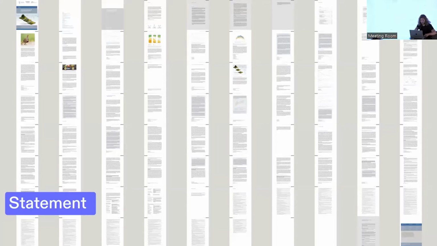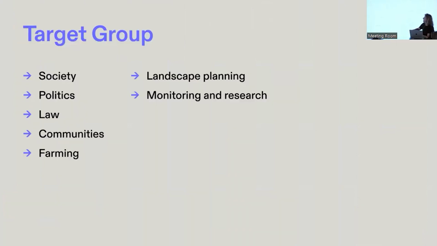The reason why we built this project was the statement from Leopoldina, which consisted of almost 80 pages to read, and they showed us the target group, which is very diverse.